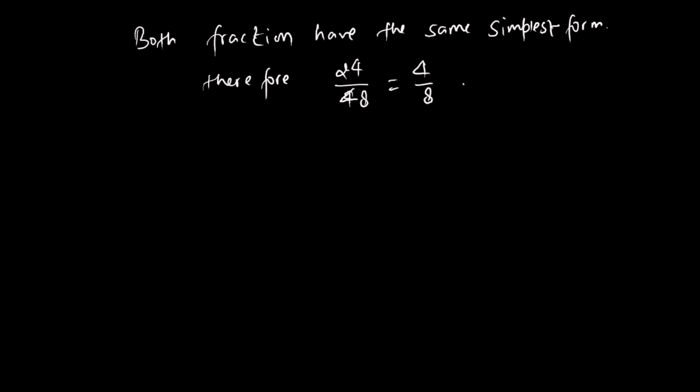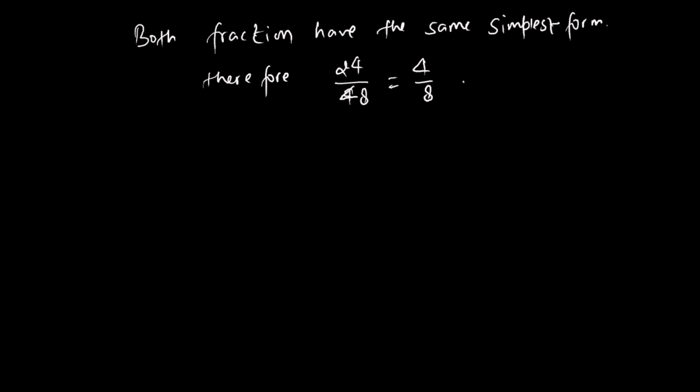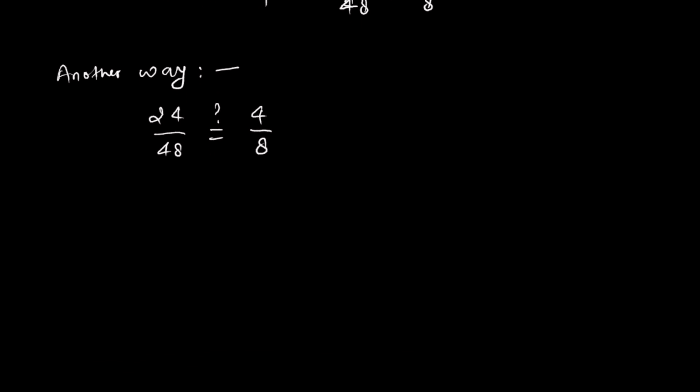So we have also seen another way of checking equality. Let's see that too. 24 over 48, is it equal to 4 by 8? So we take the numerator of the first number and multiply it with the denominator of the second number.